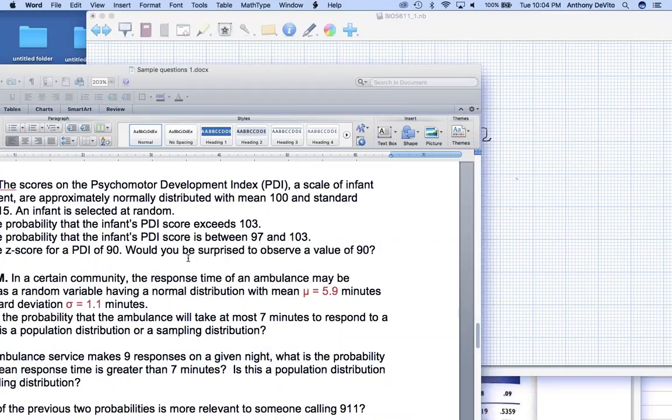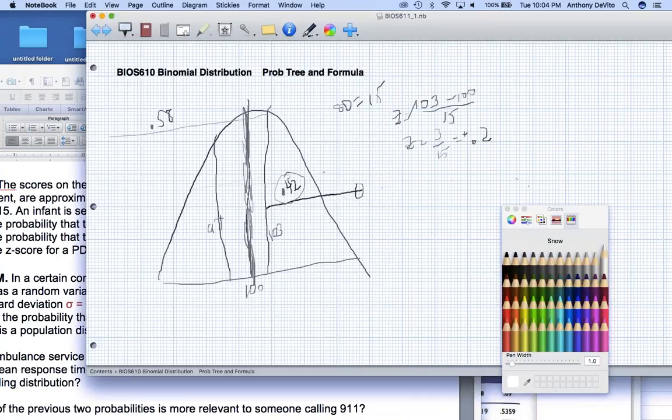So the next question was, well, what's the probability that you would have a score between 97 and 103? Well, let's see. This area down is 0.58. So what about 97? What's the z-score for 97? Z-score for 97 is 97 minus 100 over 15, x minus mu over standard deviation, is minus 3 over 15, is minus 0.2. Right, so minus 0.2.